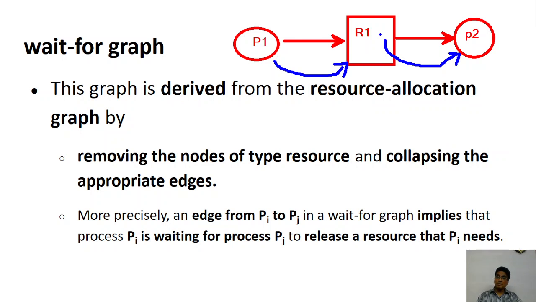So what does the process P1 have to do? It has to wait. So process P1 is waiting for the resource R1, but R1 is with someone else. Okay, so this is your resource allocation graph. When it comes to the wait for graph, there is a small variation, and the variation is that when you have this situation, this particular part is pulled out.